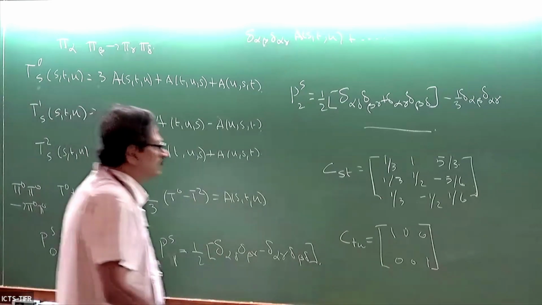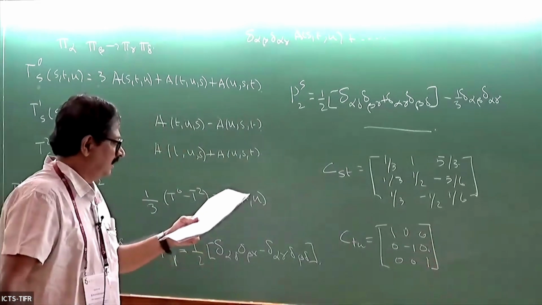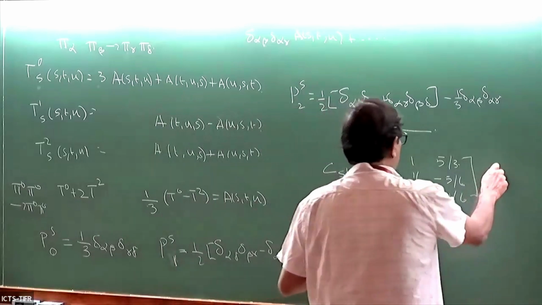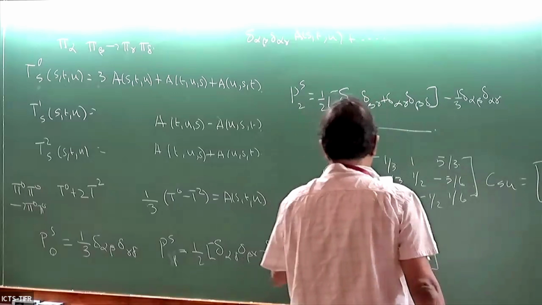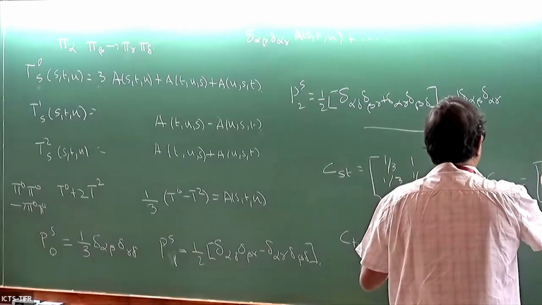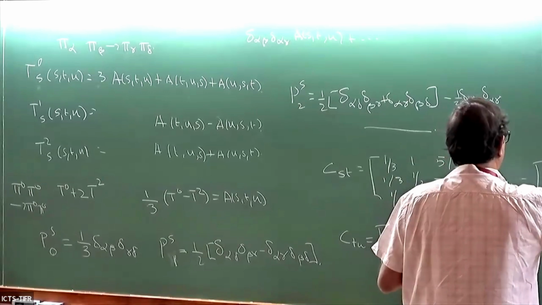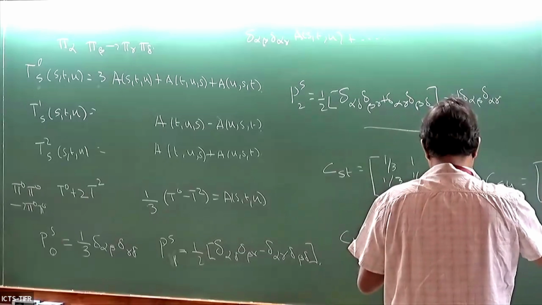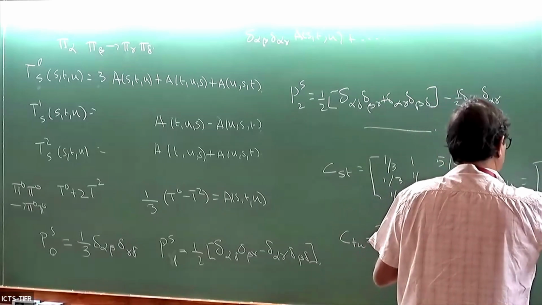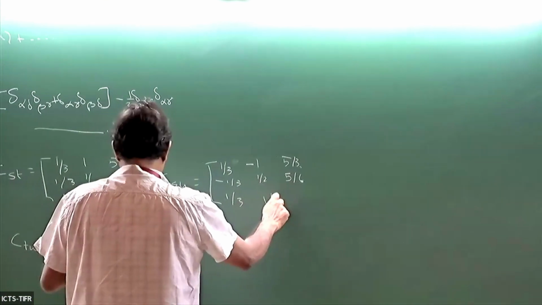So this gives you a 0, minus 1 and 0, like this. And then finally, there is the process of going from S to U, which looks quite close to C_ST, and it differs from this only in some signs, minus 1, 5/3. These signs change over here, minus 1/3, half, 5/6, and 1/3, half, 1/6.